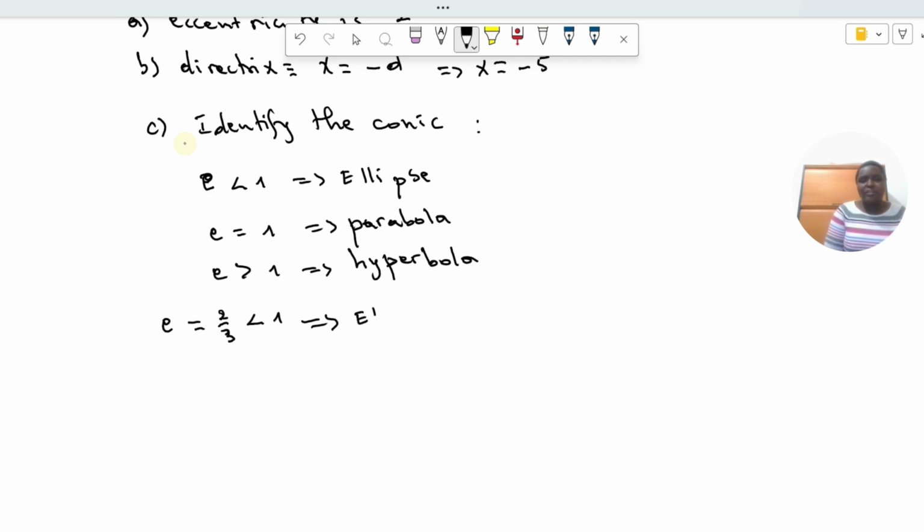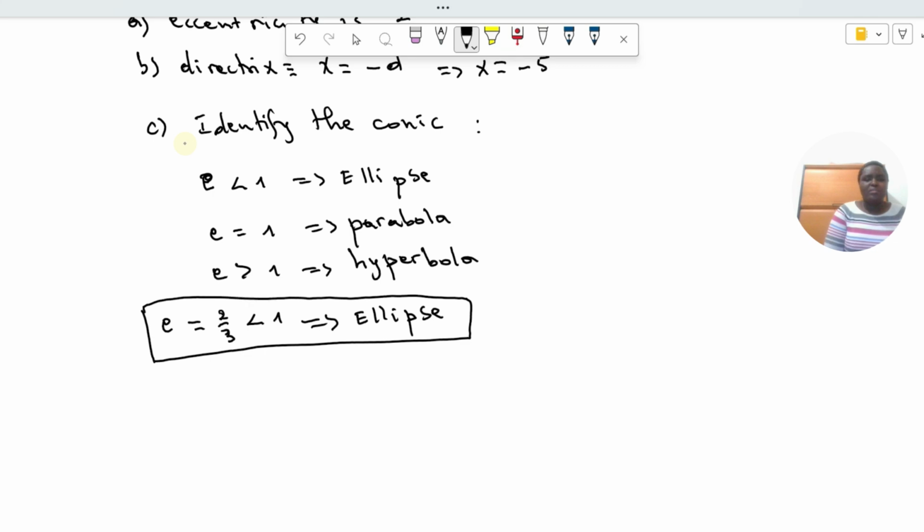So this was C. And in D, we are asked to sketch the conic.